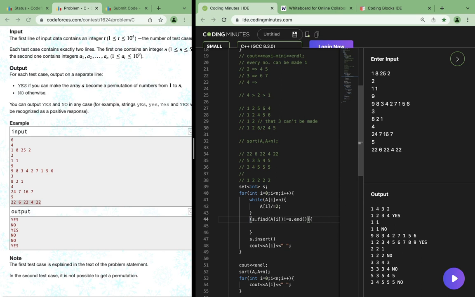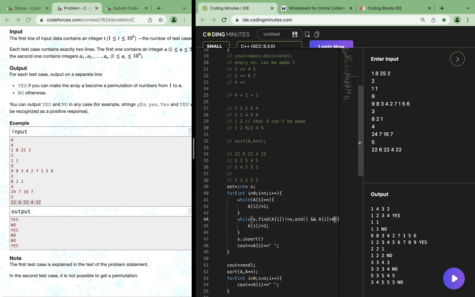And if it's found, then we can actually do while s dot find a of i is not equal to s dot end, and we keep on dividing a of i by 2, and we have to check that a of i is actually greater than 0, right?